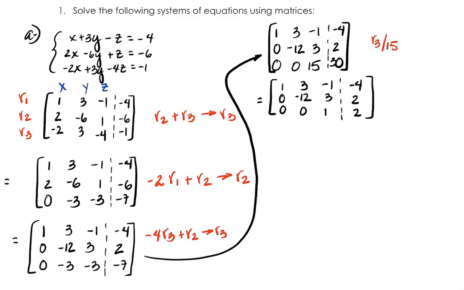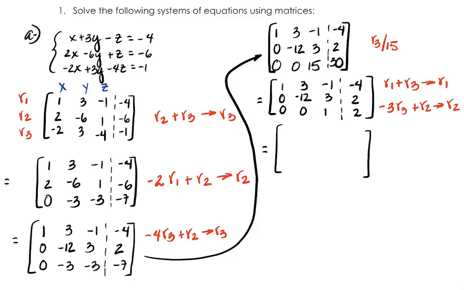Now we are going to perform multiple steps. We are going to add row 1 and row 3, and we will get row 1. And then we are going to multiply row 3 by negative 3 and add it to row 2 to get a new row 2.